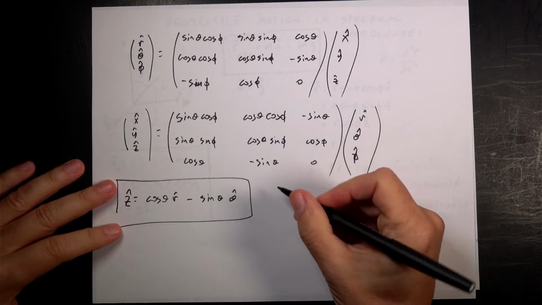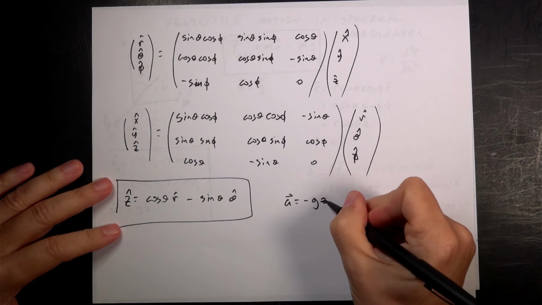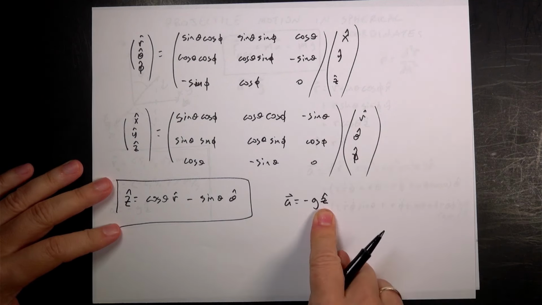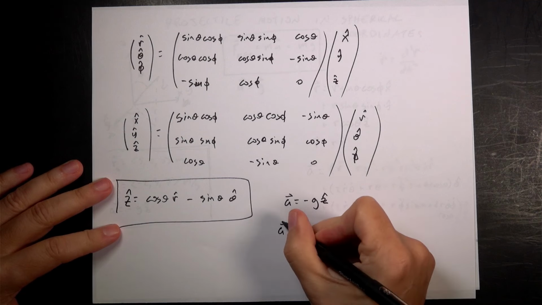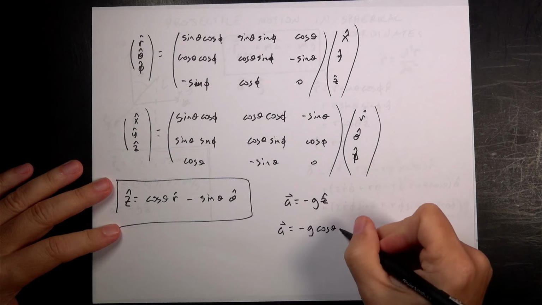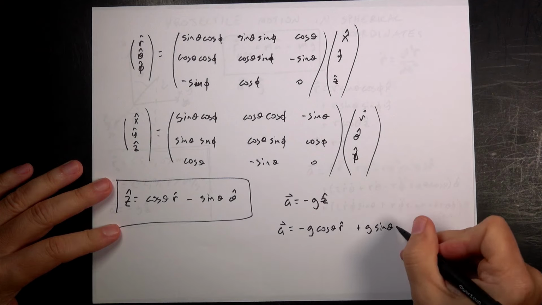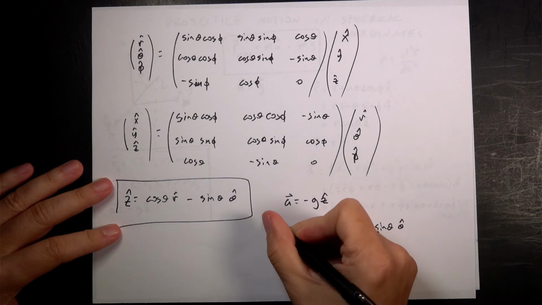So now I can say A is equal to negative g z hat. But I can convert this into spherical coordinates. So A is going to be negative g cosine theta r hat plus g sine theta theta hat. Now I'm in business.